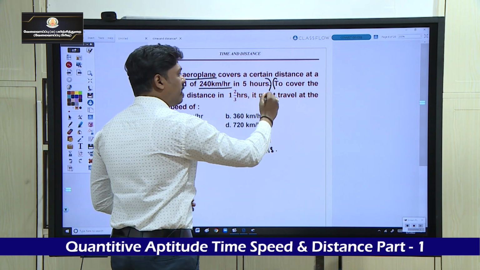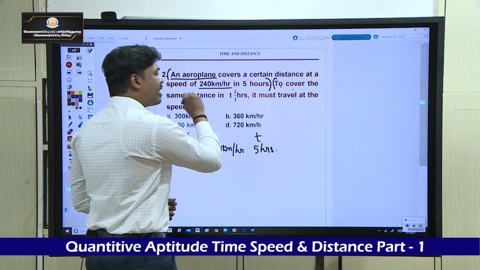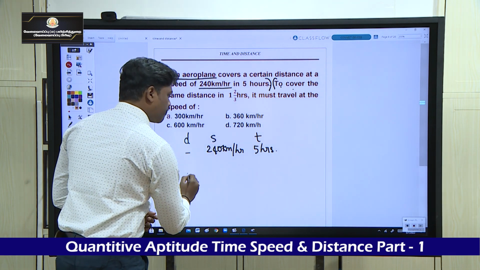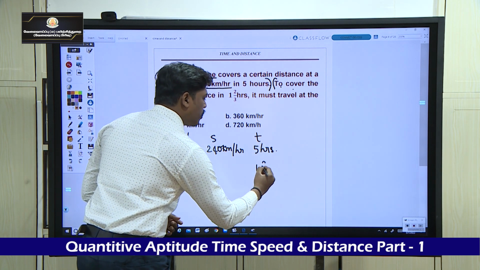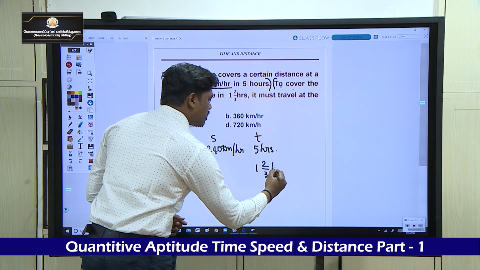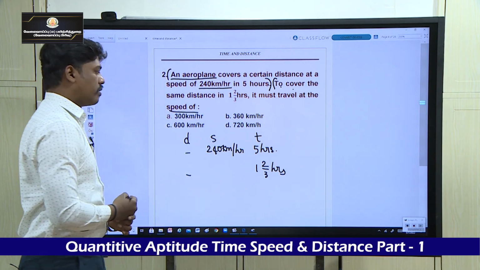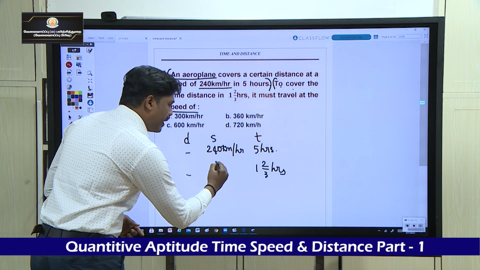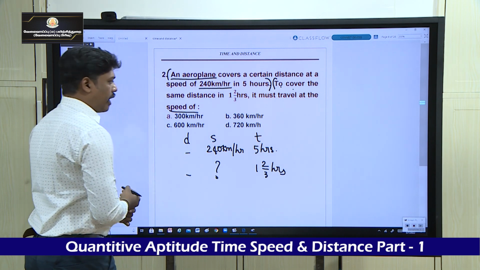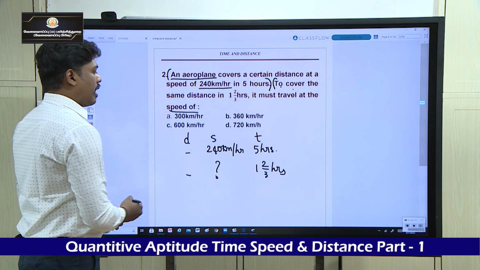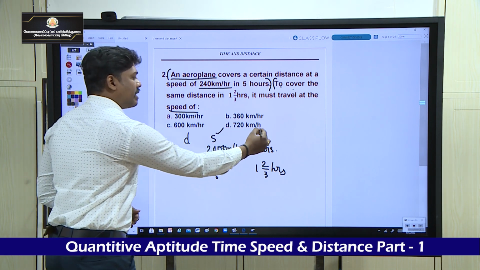Now look at the second part. To cover the same distance in 1 2 by 3 hours, what must be the speed of the aeroplane? So from the first part I am having distance as well as time.